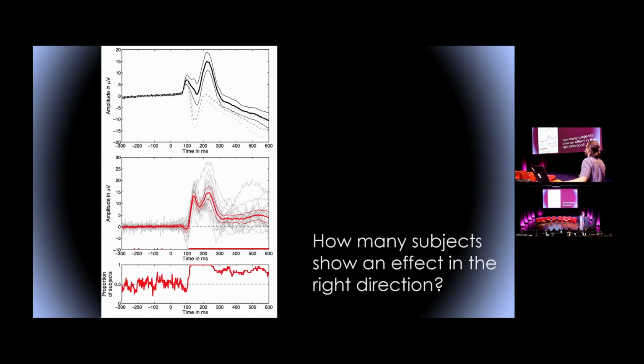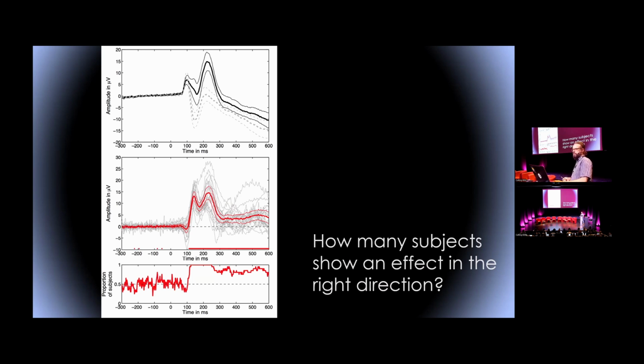Other things you can do is to plot every single subject trace, because then you have an idea of how many subjects are present, and also the proportion of subjects which shows an effect in the right direction. So it starts at 0.5, and then it increases to 1 in these regions. And all of this reporting just makes it easier for people to interpret your data.